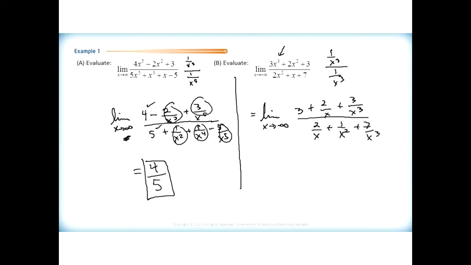And let's examine all these terms to see where they're going to end up. Well, all of these guys are heading for 0, no question about it. So they're all going to approach 0, and my numerator is going to approach 3. So my denominator is going to approach 0. Looks to me like this is probably going to be infinity or negative infinity.